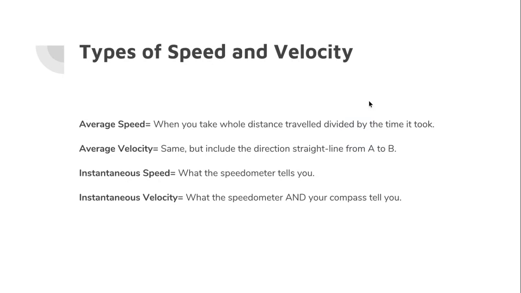There's a couple different types of speed and velocity. There's average and instantaneous. Average speed is when you look at the whole distance traveled and divide it by the time it took to travel that whole distance. So, for example, maybe over the summer you drove to Florida on a family vacation. You would start your timer at the time that you leave your house and then end it at the time that you end up in Florida.